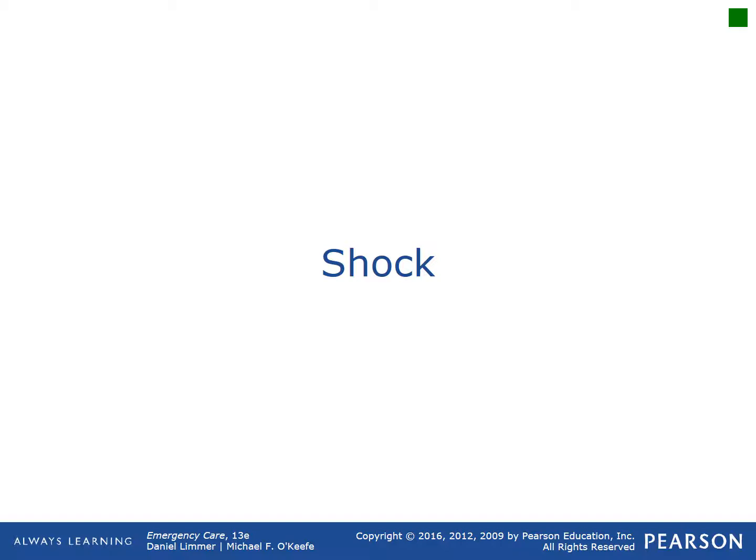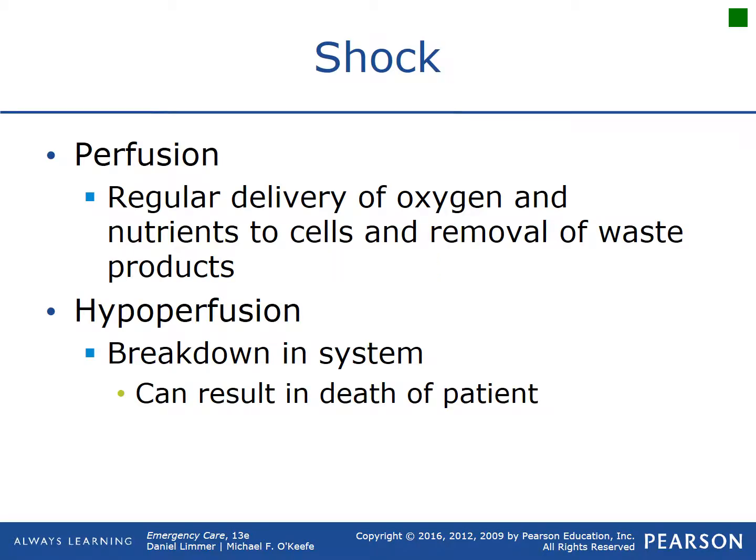When that stuff starts to happen, it's known as shock. Shock is essentially the body hypoperfusing. The body's not circulating blood as well as it should, caused by multiple types of disorders.